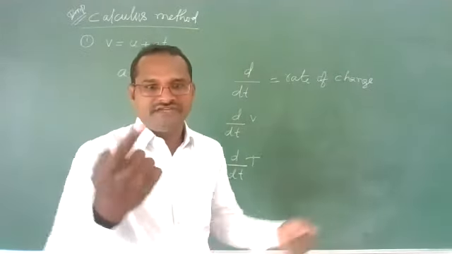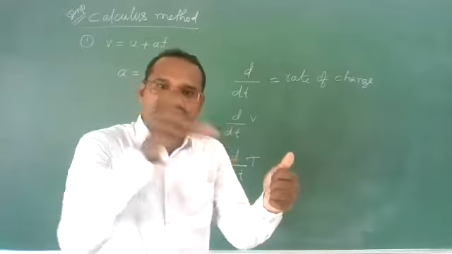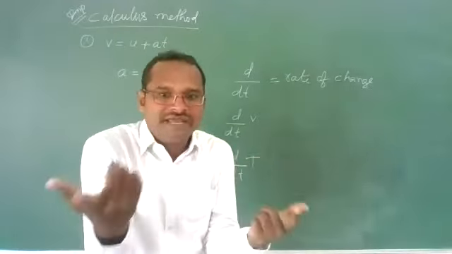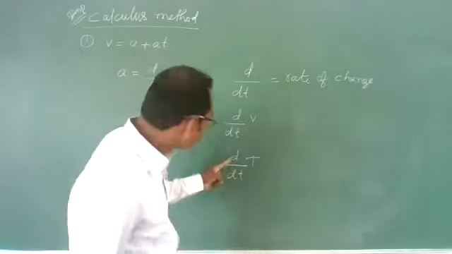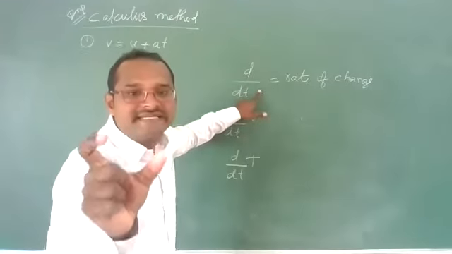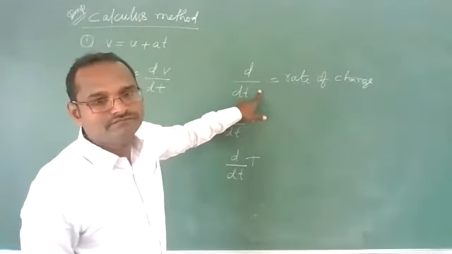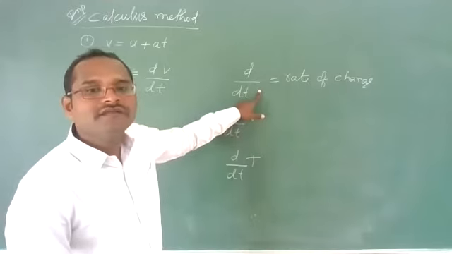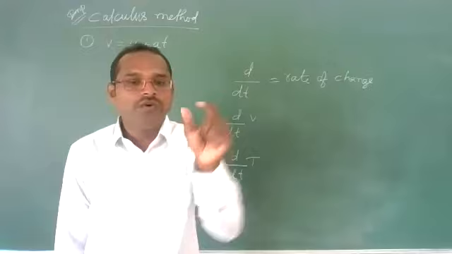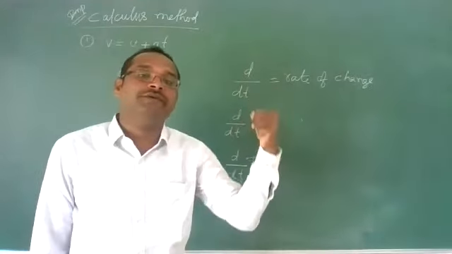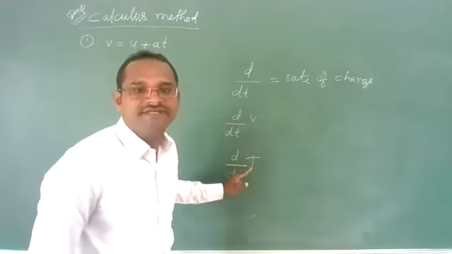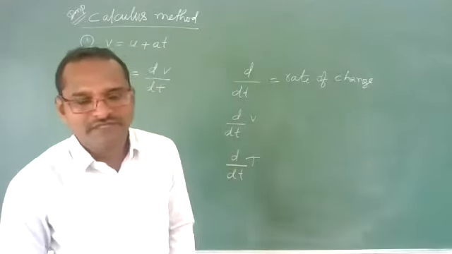If you keep a thermometer in a hot bath, the temperature reading will increase with respect to time. This is called rate of change in temperature. So d by dt means a rate: how a particular quantity is changing with respect to time. The particular quantity here is velocity, there it is temperature. It may be anything.